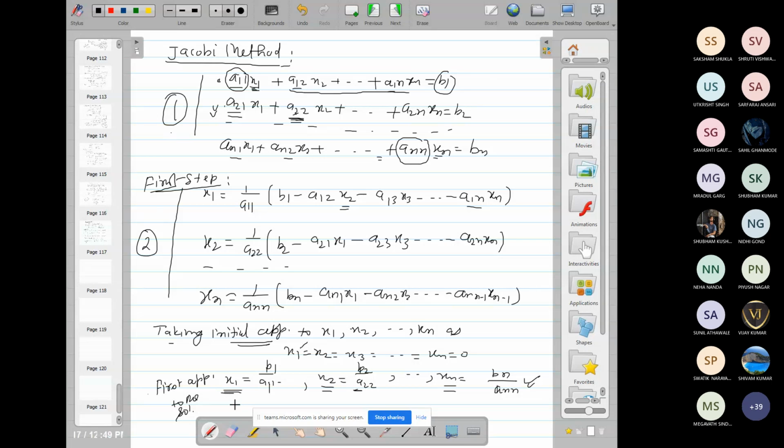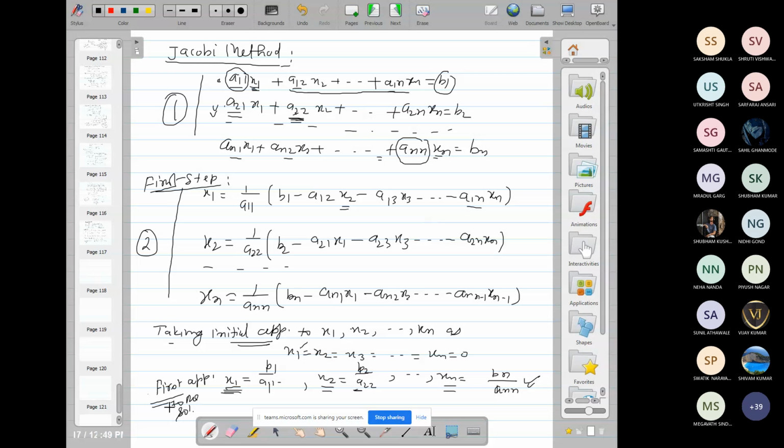the process when the nth approximate value of the solution is equal to n minus 1th approximate value of the solution. And suppose after 4 steps we obtain the value of x1 x2 xn, and after 5th step we again obtain the value of x1 x2 xn.